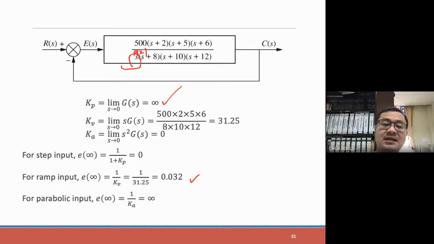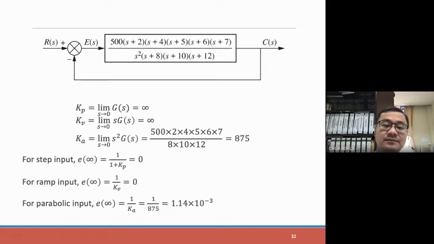Same thing when we further increase the order or type of the system. Then you can see that one becomes infinite and another a finite value, so the steady state error will be 0, 0, and a finite value.